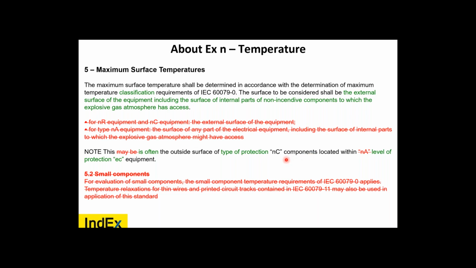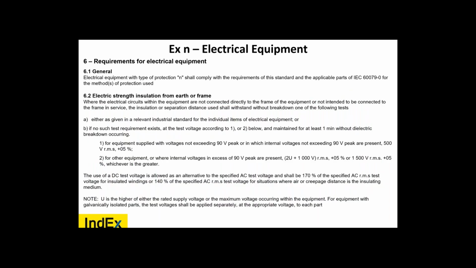There you go. NC components inside of an EC junction box. So increased safety, zone 2, EC. So commonly, NC components are inside of EC. This is where you have crossover between standards. You need to have awareness of this. There's a lot of information though.